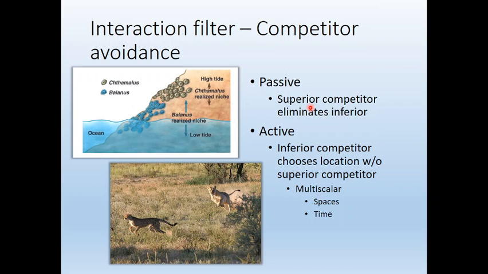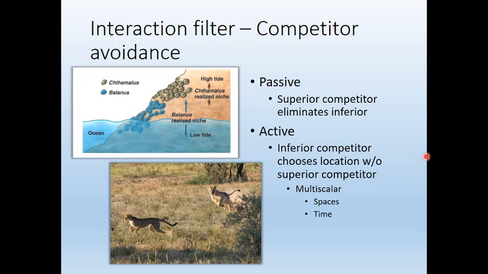The blue one, the Balanus here, is going to outcompete the Chthamalus, right? We've read this paper already, and we know that the Chthamalus can be everywhere basically, but it's eliminated by the superior competitor, the Balanus.